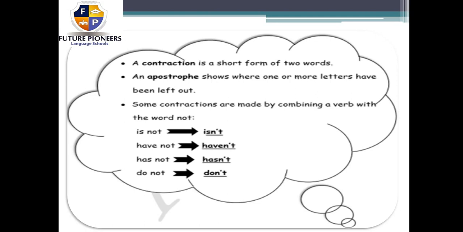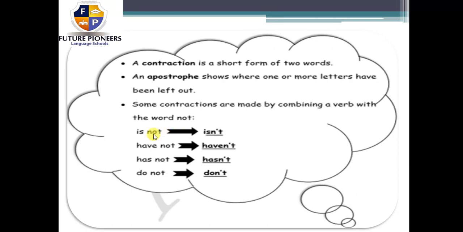Some contractions are made by combining a verb with the word not. We said that some contractions are affirmative and some are negative. The negative form is made by combining a verb, such as is, are, have, has, does, do, with the word not.